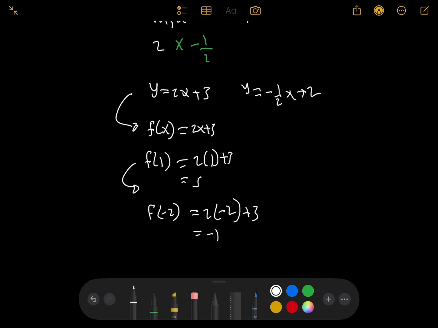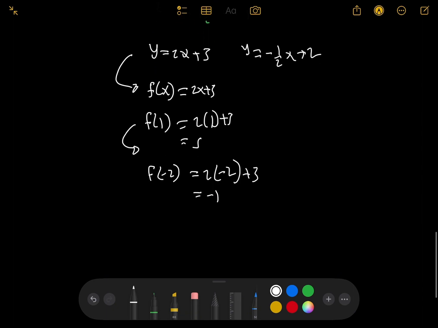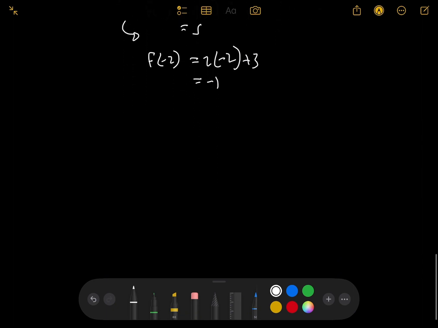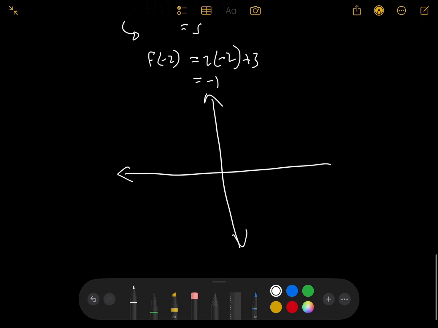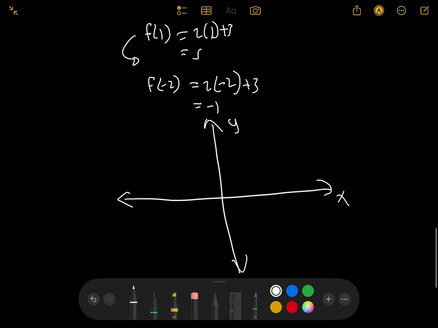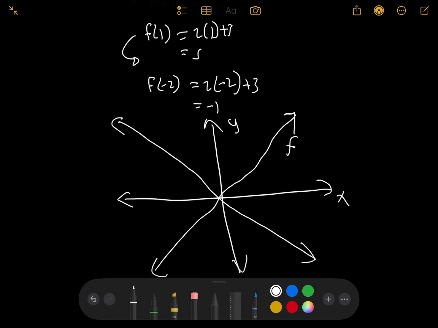And this naming system made it easier for us to maybe have two graphs on the same axis and also maybe in an equation. So you'd maybe have this graph being called the graph of f, and then the one with a negative gradient being called the graph of g.